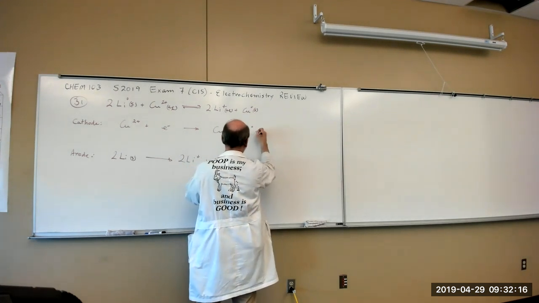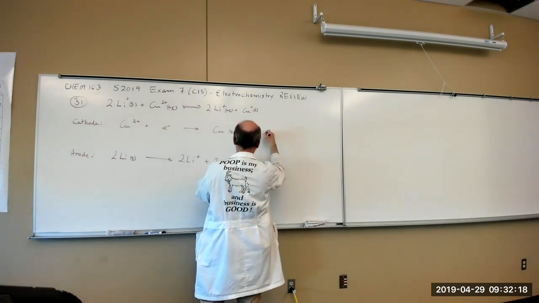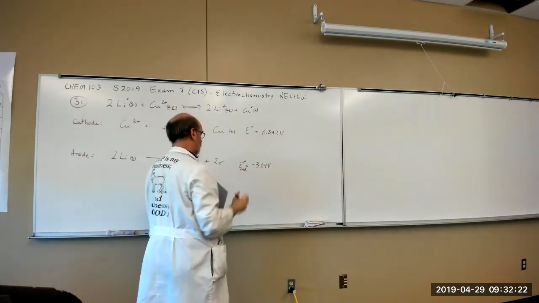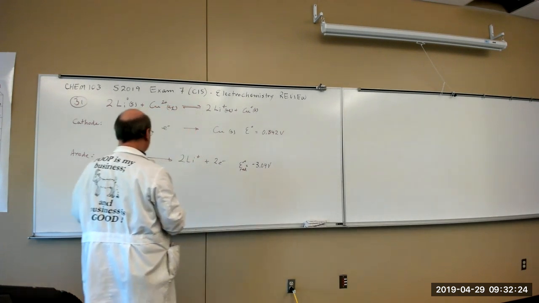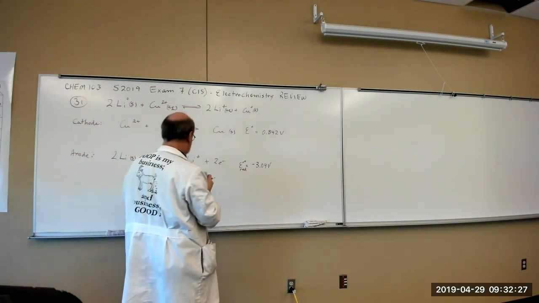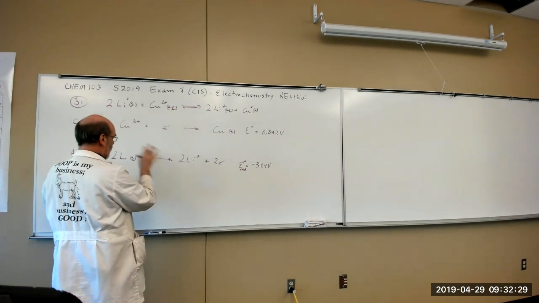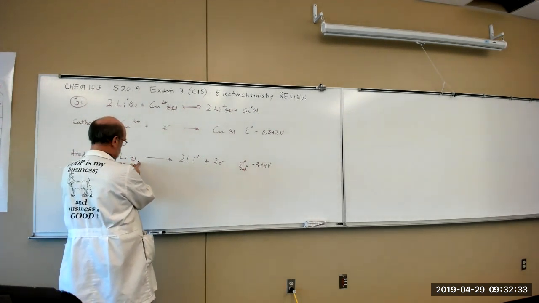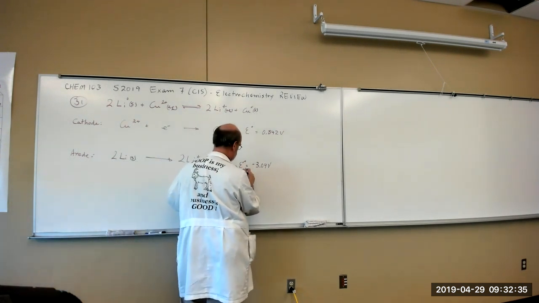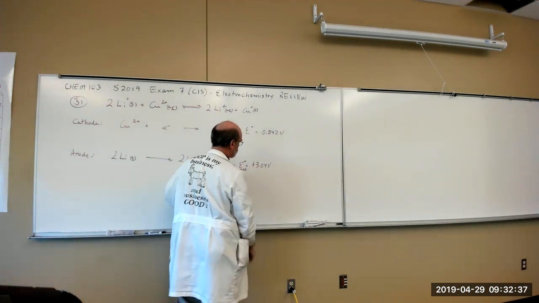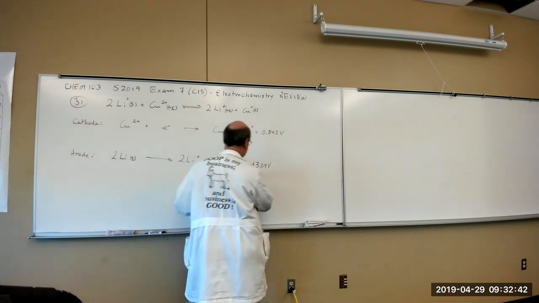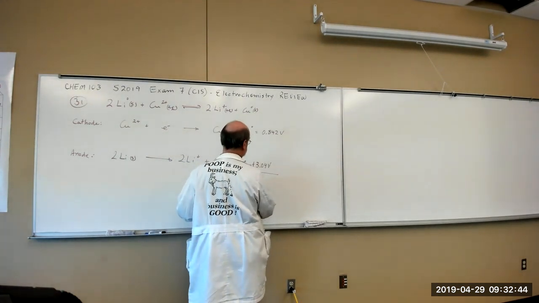And the one for this one is 0.342 volts. Well, the reaction tells us which way is which. Right? So this one's oxidation. That means this one has to be changed to plus. Okay? So now we have to add them together.